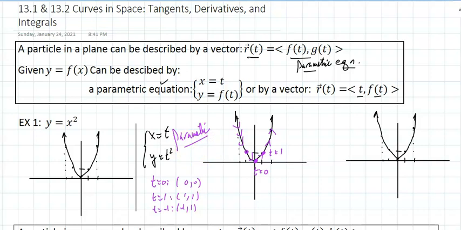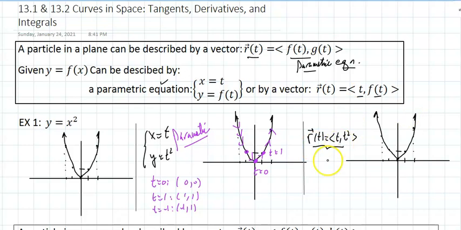And if I describe this using a vector, each has its own application. If I say, well, look, r of t is actually (t, t squared), which is identical to the parametric. That's why when we went over how to find an equation, I really emphasized a lot on vector equation because they go hand in hand.